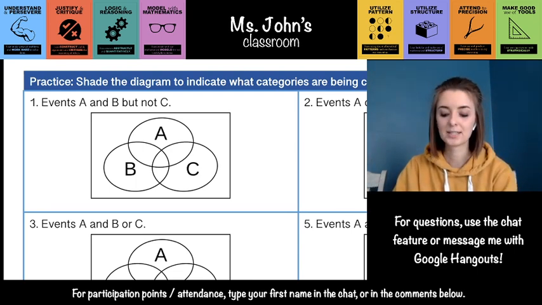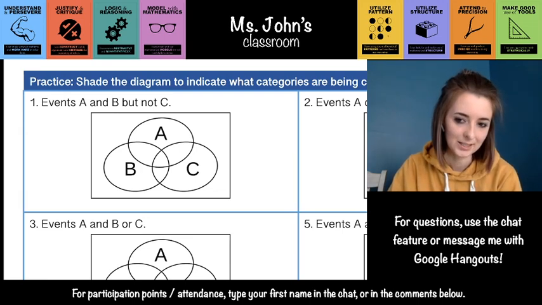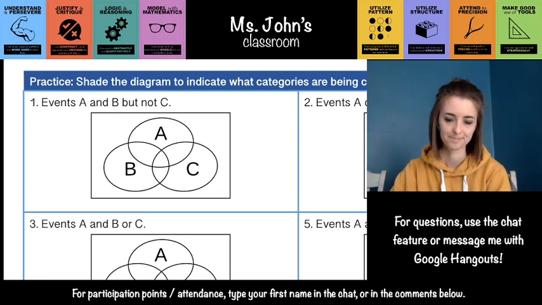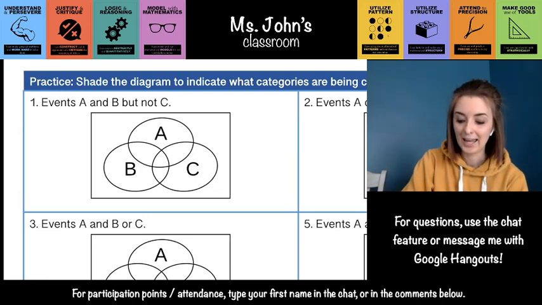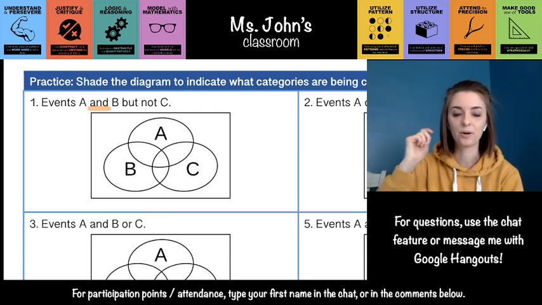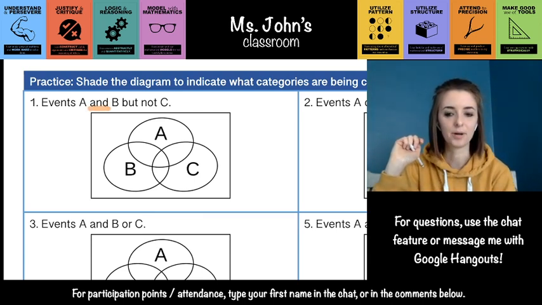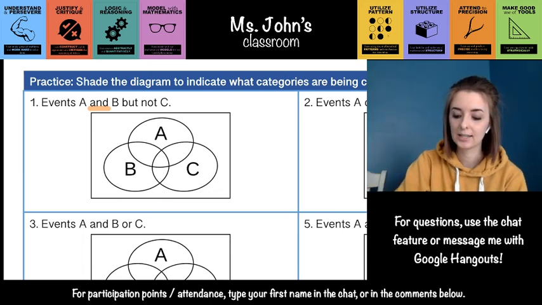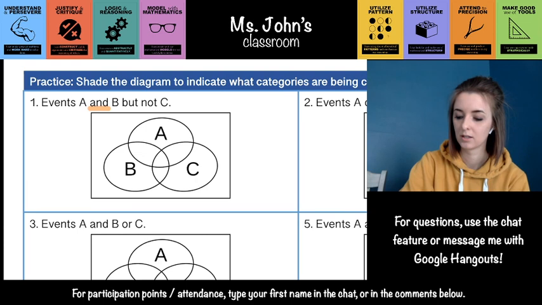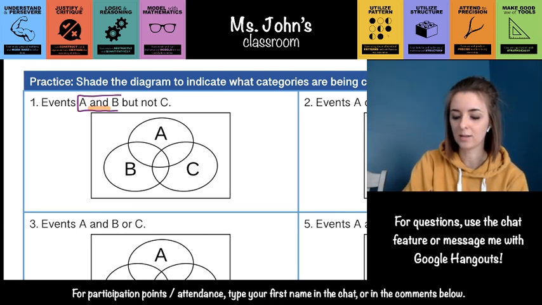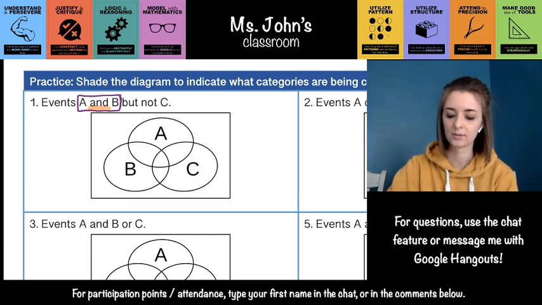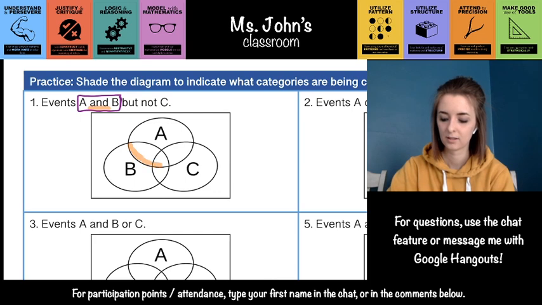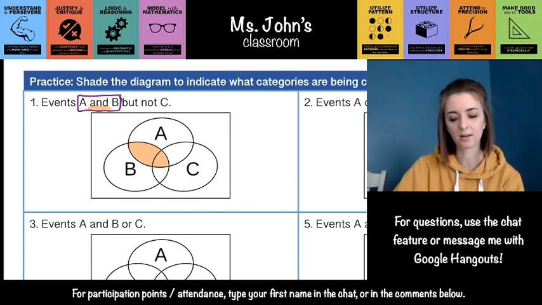This one says events A and B, but not C. Remember that "and" means the only favorable thing here is that both A and B are happening. So if we just had this portion of the sentence, A and B, we would highlight only this almond shape, because both A and B are occurring.